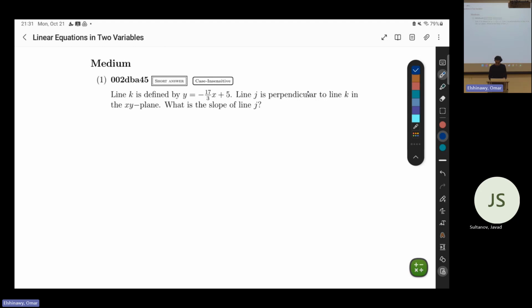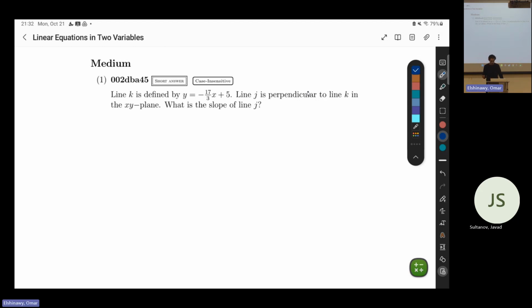So what does it mean to have lines which are perpendicular? If you multiply the slopes of both lines, it gives us -1. That's like a1 times a2 gives us -1.